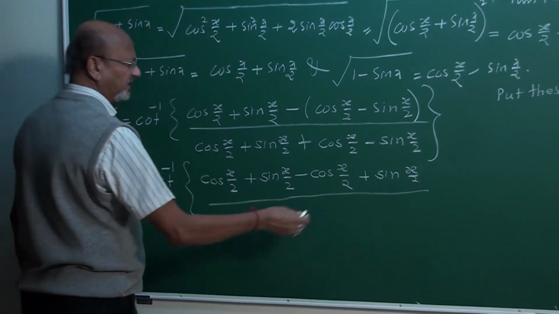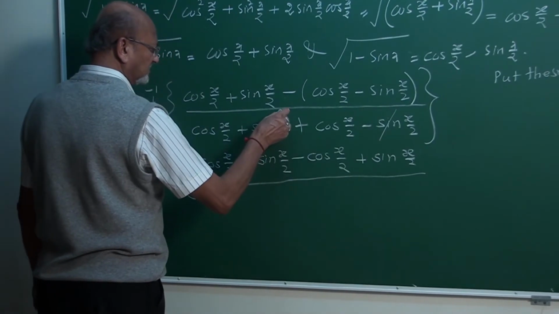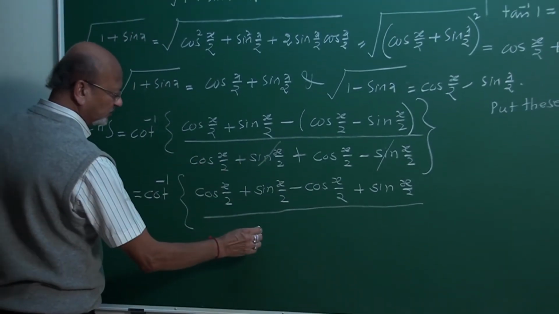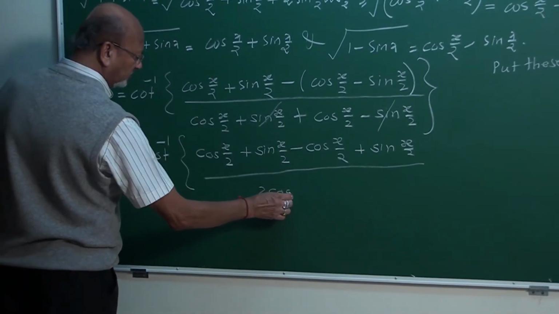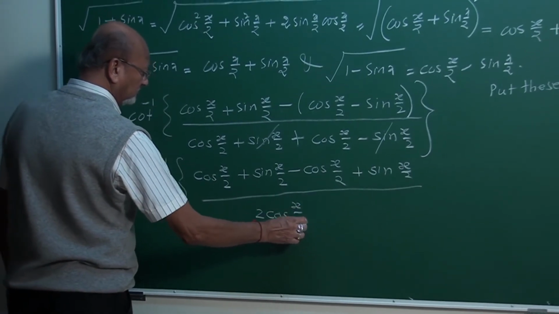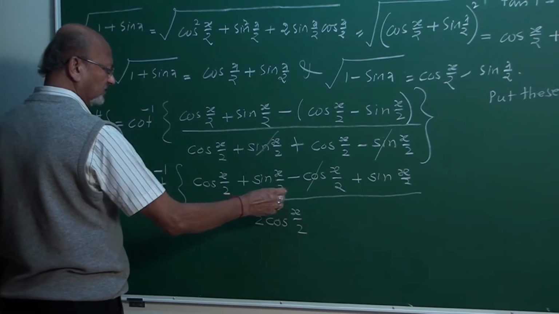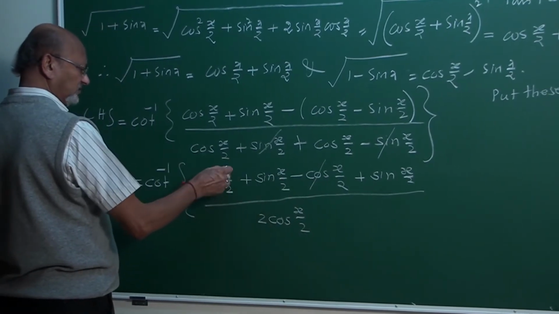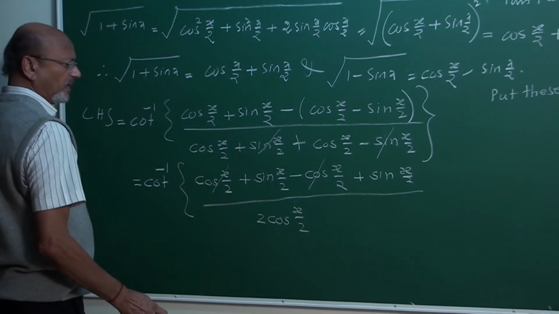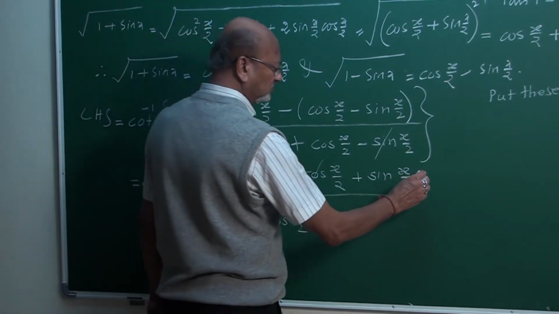Down here, the minus cancels with plus. Cos plus cos is 2 cos x by 2. Cos plus cos, 2 cos. Here what cancels, my friend? It cancels with cos. Then you are left with cot inverse.